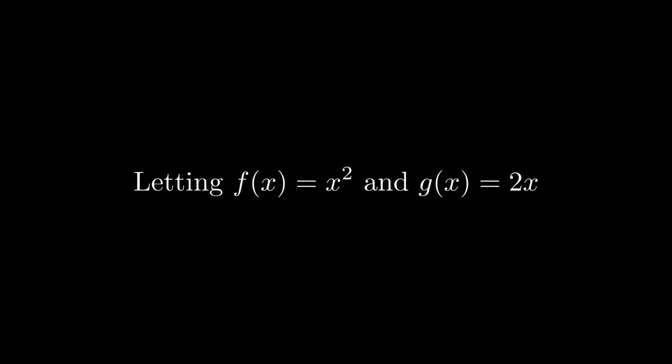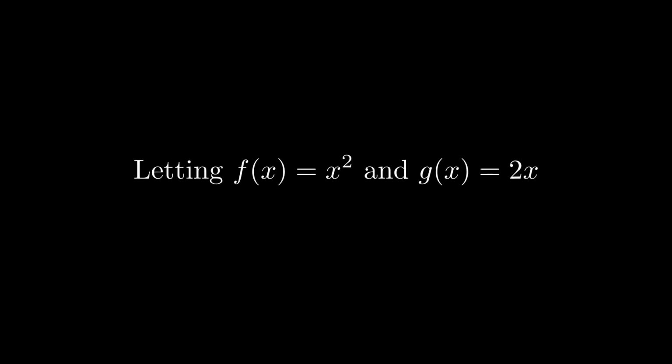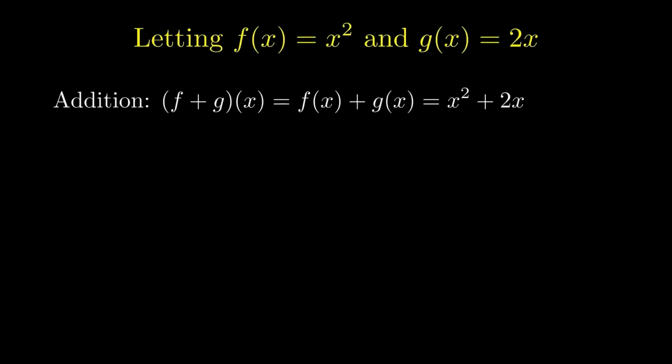Operations on functions involve combining two or more functions in different ways to make a new function. Here are some common operations on functions. For example, letting f of x equal x squared and g of x equal 2x. Addition. f plus g of x equals f of x plus g of x equals x squared plus 2x.